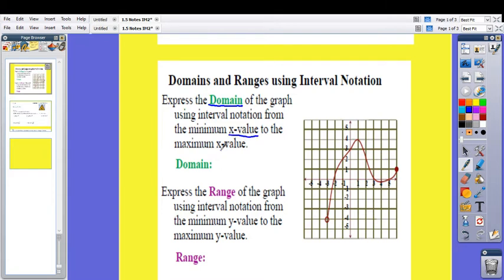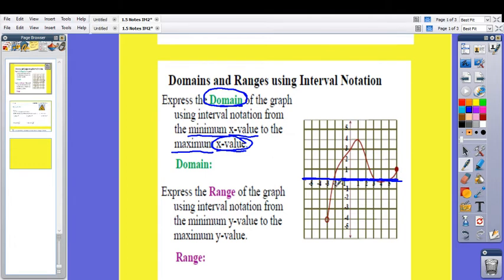So what you do is you find out the minimum x value and the maximum x value, and you write it down in interval notation, and that is your domain. So if you come up here, these are your x values.